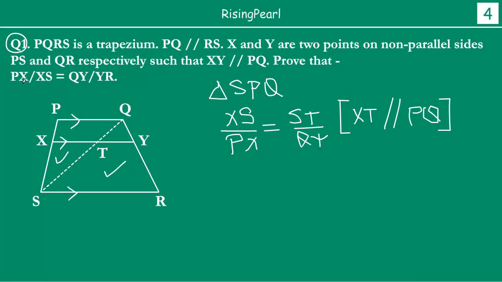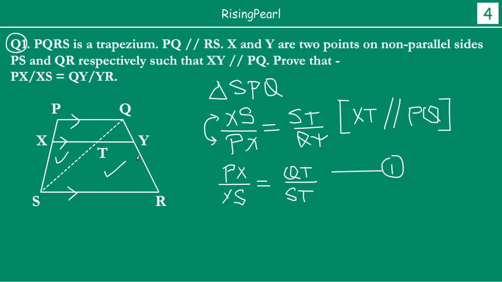Now in the question we want PX by XS. So we are just going to take a reciprocal of this so that PX comes on the numerator. So then we can write this as PX divided by XS equal to QT divided by ST. Let's call this our equation number 1.